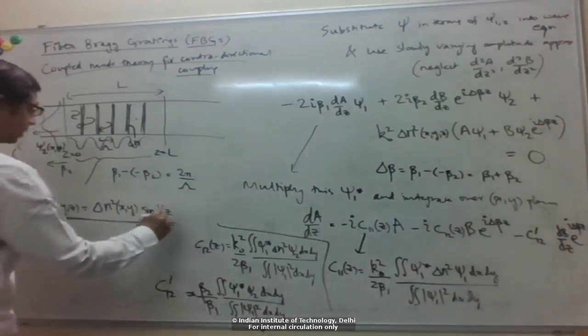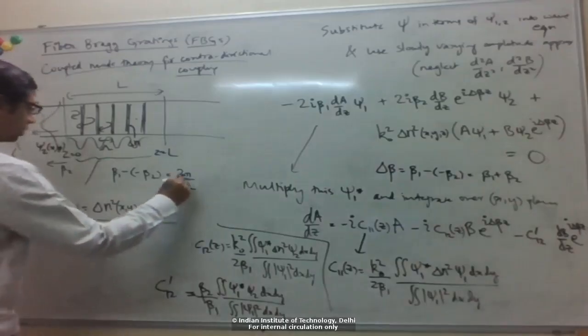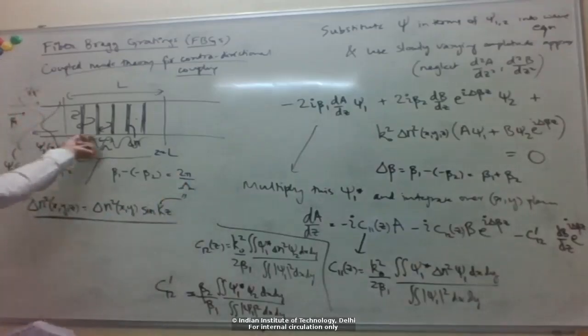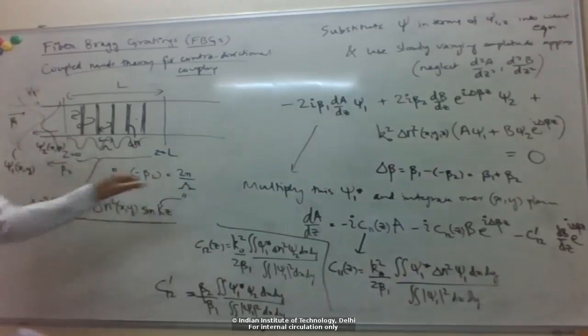Where this capital K is 2 pi by capital lambda, because the period is capital lambda.